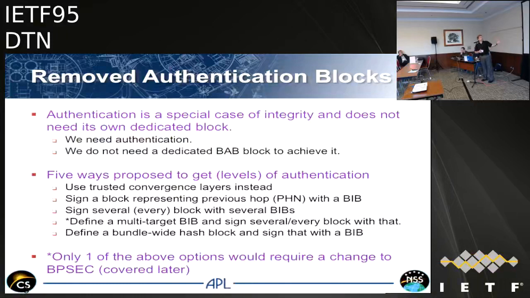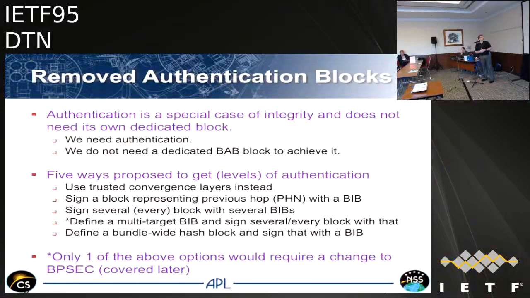So the reason we present these here in the context of BPSec is to justify why we feel we don't need an authentication block. First level is to simply say we use trusted convergence layers where they exist, and if we have trusted convergence layers in our network, then we don't need to do the authentication at the bundle level at all. Ergo, we don't need a bundle authentication block.